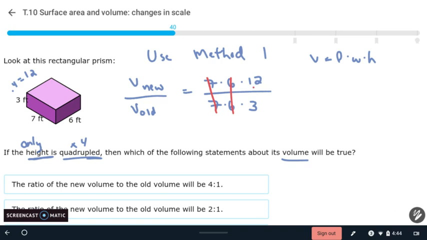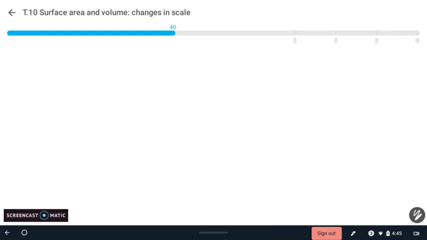So you can just divide these two. And 12 divided by 3 is 4. And so that'll be 4 times bigger, or 4 to 1. So just recognize if only one thing changes, then you have to plug in the numbers and figure it out.